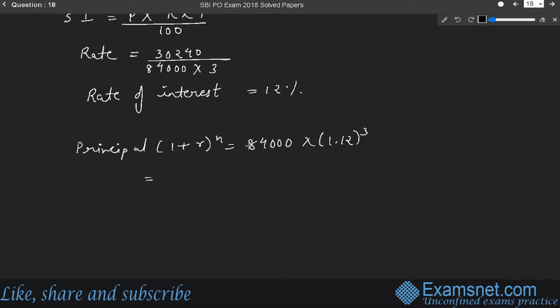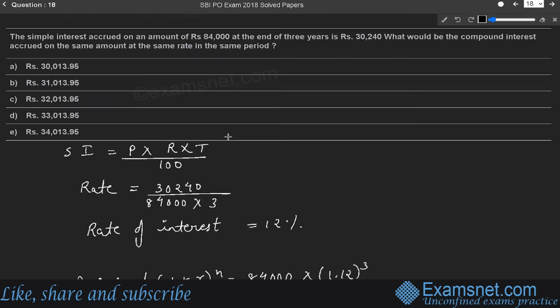So on further multiplying this value, it will be equal to 118013.952. So this is the amount. Therefore, we can say that the interest will be equal to 34013.952. Hence, we can say that the correct option for this question is option number E here, which is 34013.95.